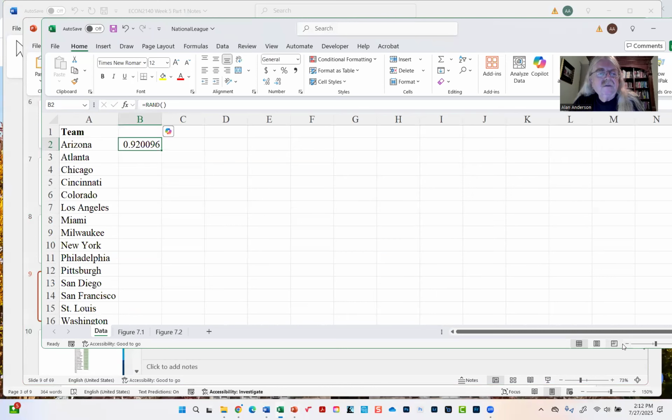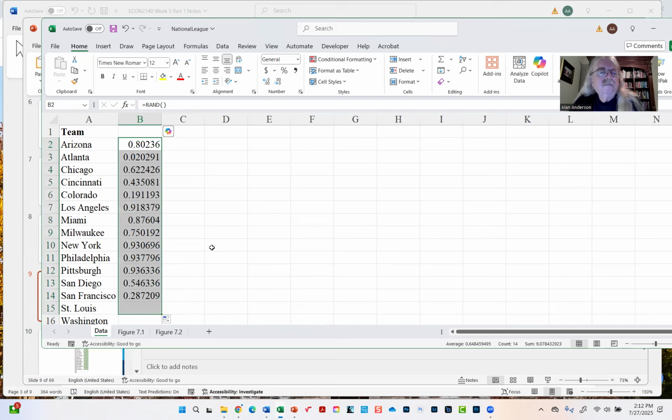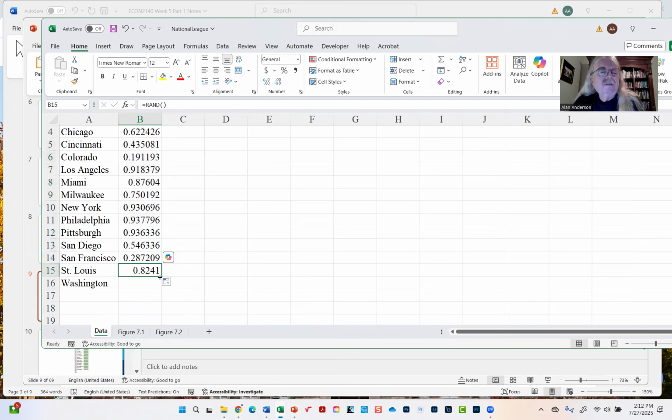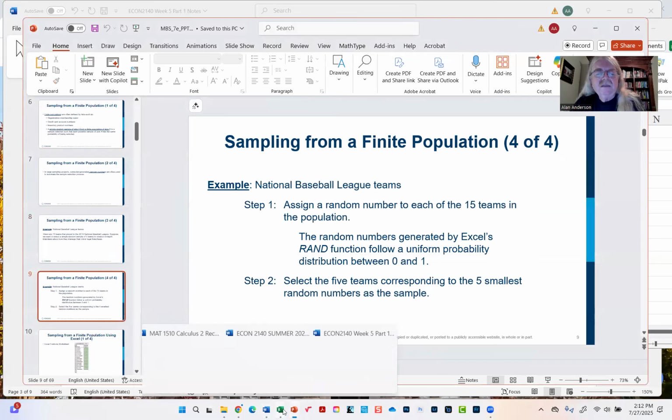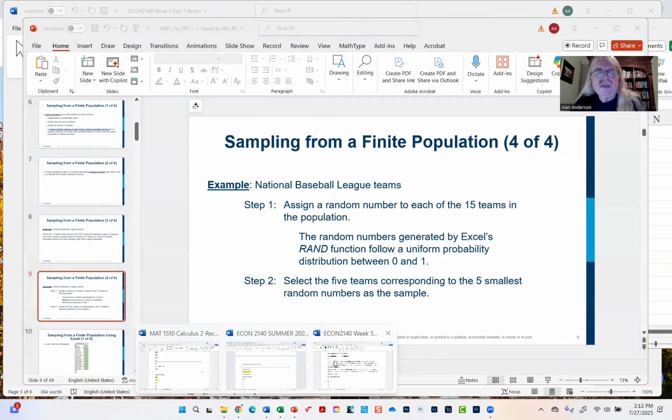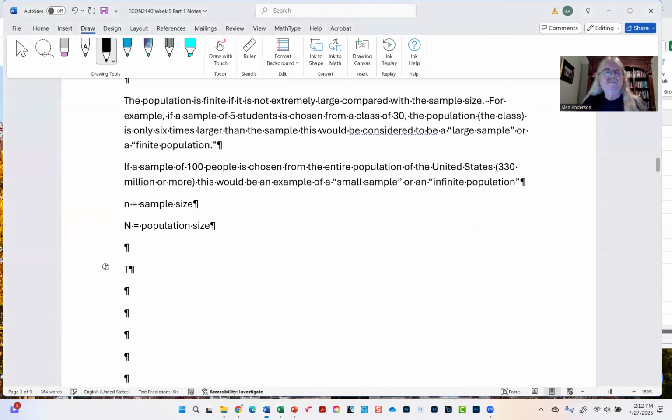There we go, and I can see the whole thing. Now, as it turns out, the Excel command has its good things and bad things.